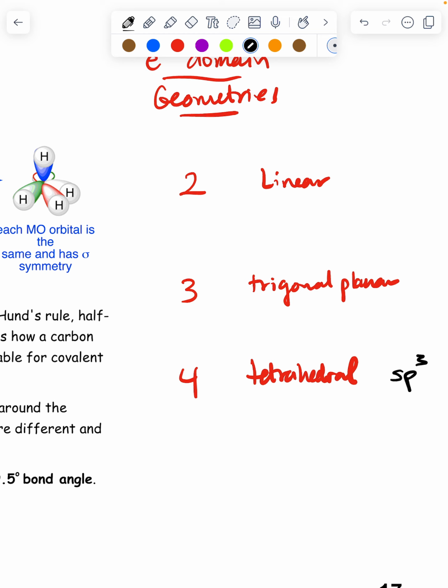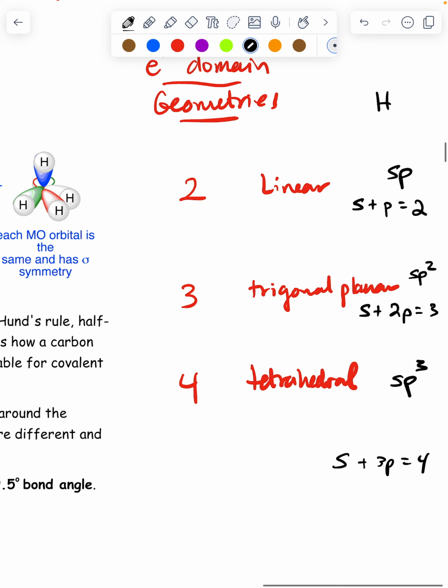When you combine an s plus 3 p's, you get 4 equal orbitals out. If we only need 3 domains, then we're going to combine an s with 2 different p orbitals, and that will give us 3 hybrid orbitals, which we'll call sp2 hybridized, or sp2 hybrid orbitals. And when we only need 2 equal domains, we'll say that s and 1 p orbital combine, and that creates 2 sp orbitals.